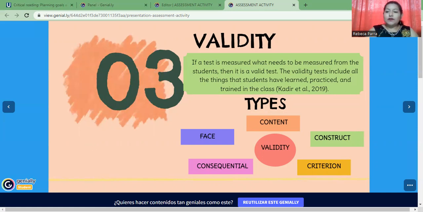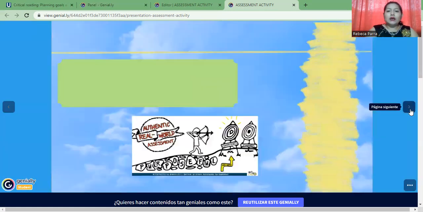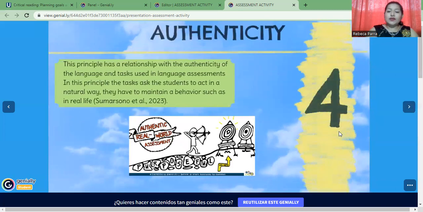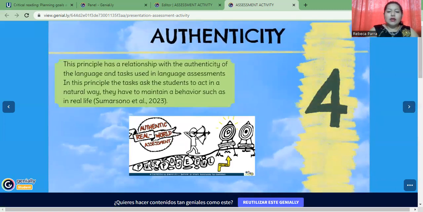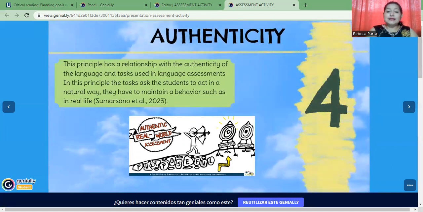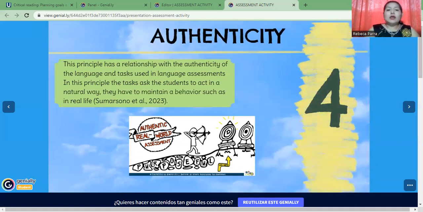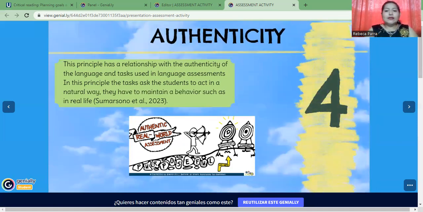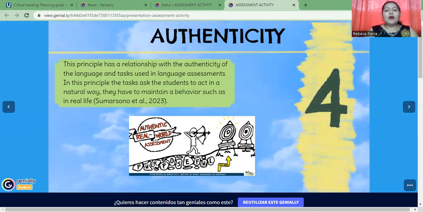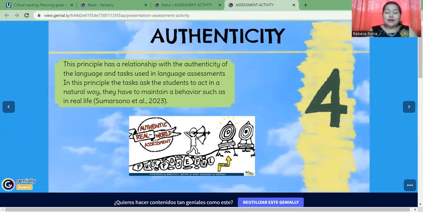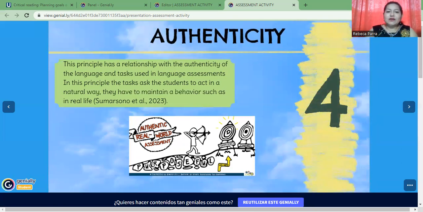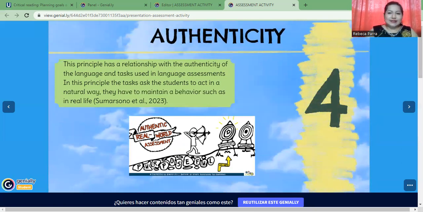Now, continuing with the final principle, authenticity. This principle has a relationship with the authenticity of the language and task in language assessment. The degree to which the language and task used in an assessment are representative of real life situations is referred to as authenticity.